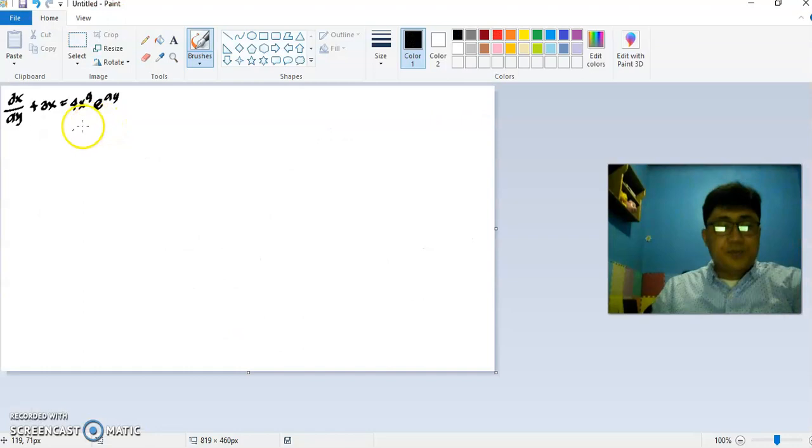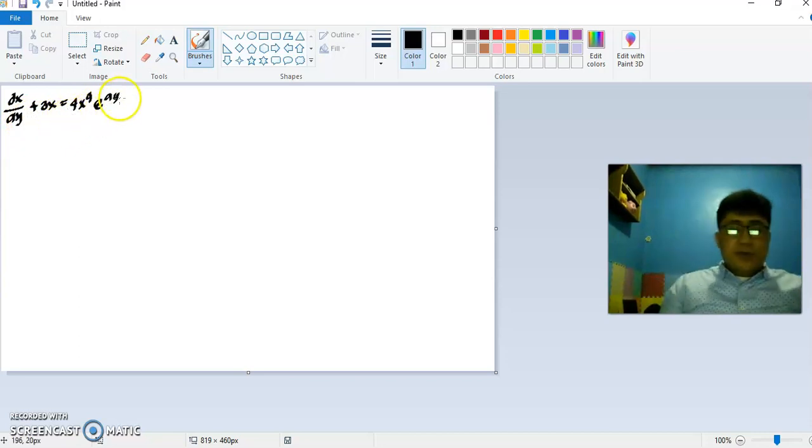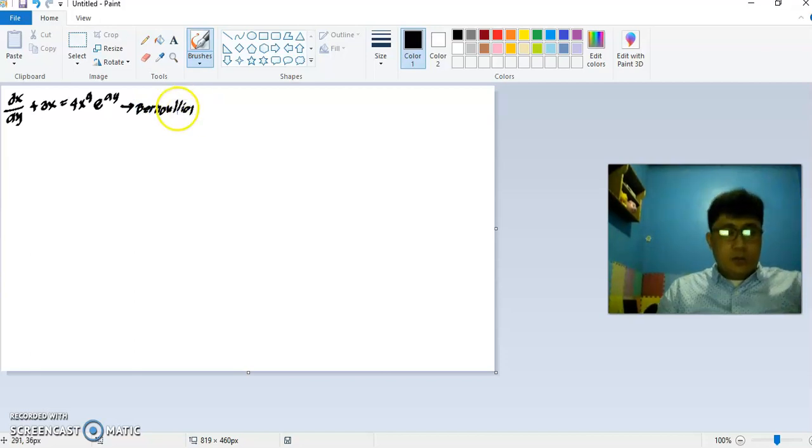Okay, now let's try to solve this one. From here, we know that this one is not a linear differential equation. This is a Bernoulli differential equation in x, because that is dx. We have x here.